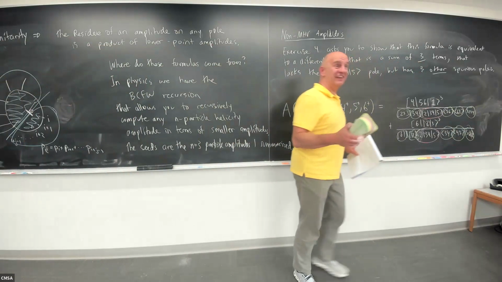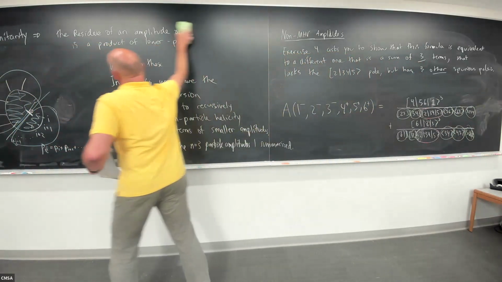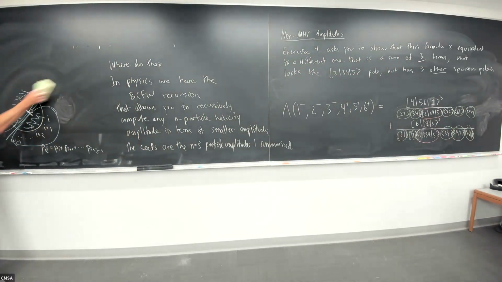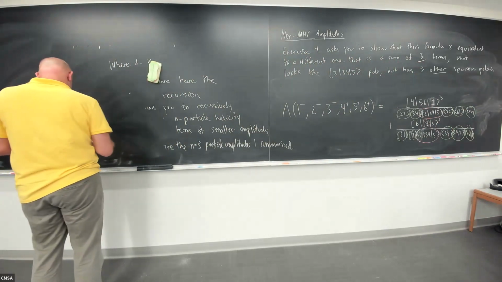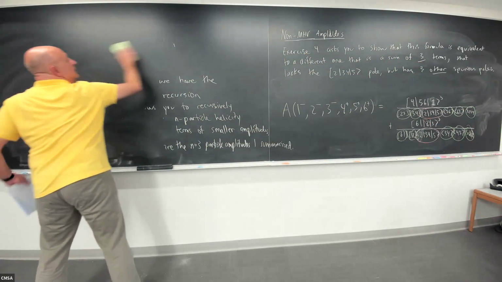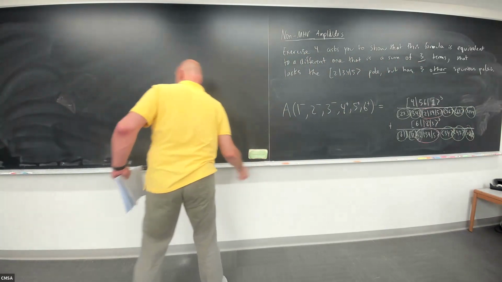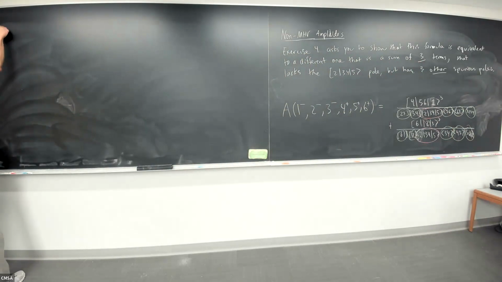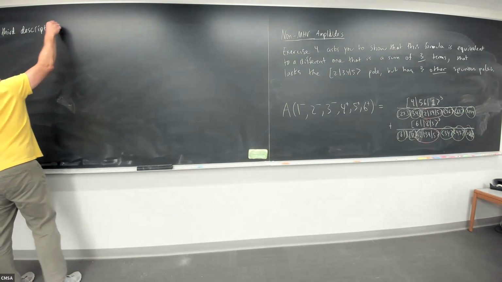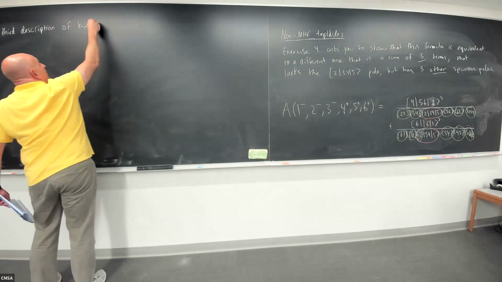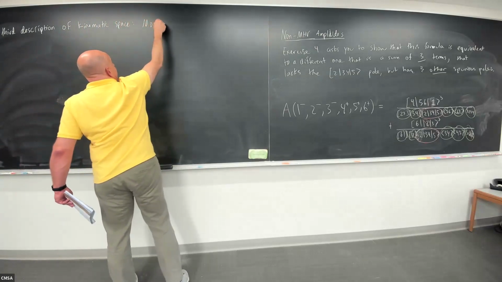As this little side discussion has indicated, there's one more change of variables I need to do before we really get to the heart of the modern formulation of the amplituhedron. I want to introduce a third way to parameterize kinematic space. And that is momentum twistors.